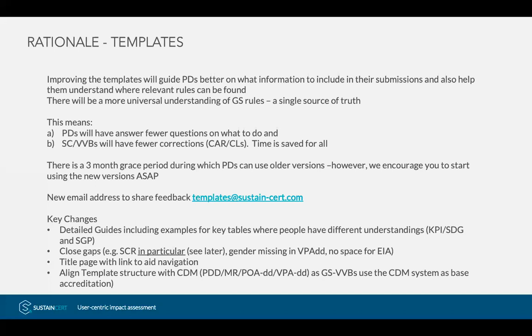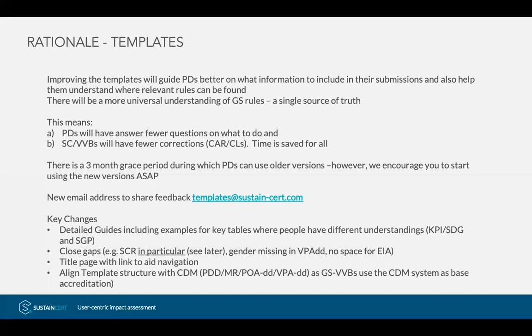And a phrase that we use internally, which comes from some of the colleagues we've been working with on IT platforms, is a single source of truth. I think that one's quite important. We want to minimize different understandings of Gold Standard rules.